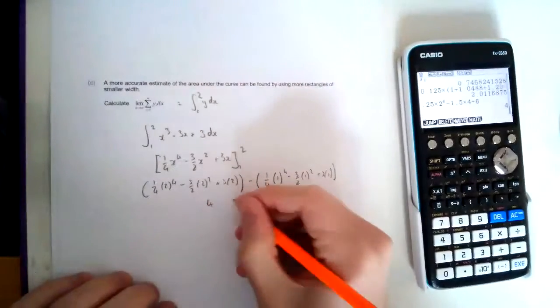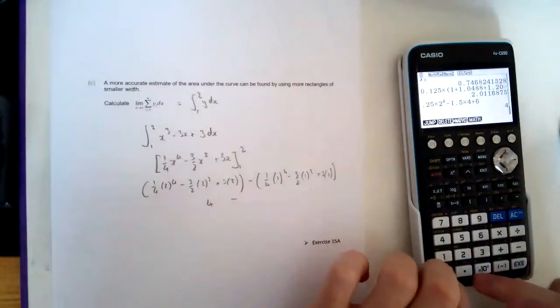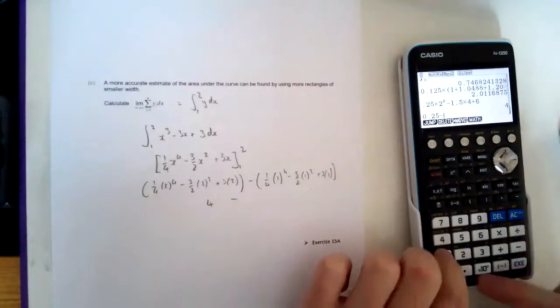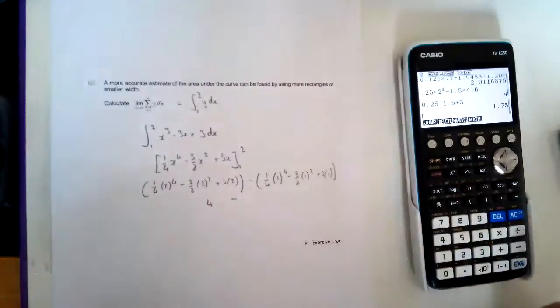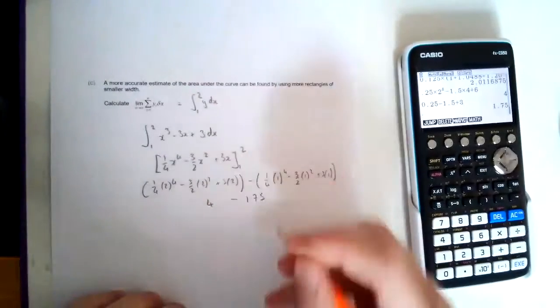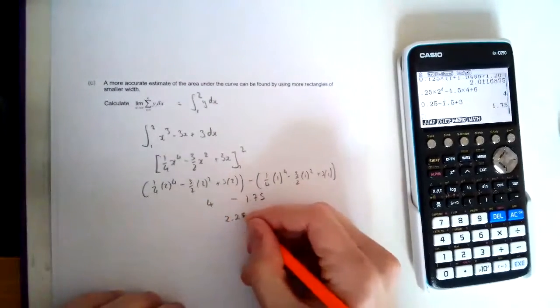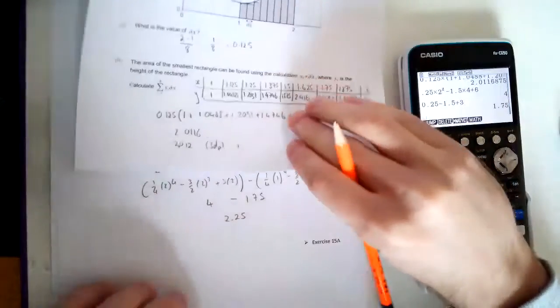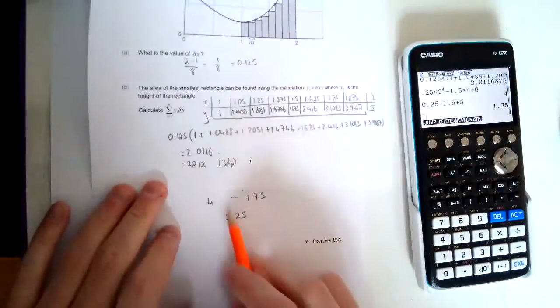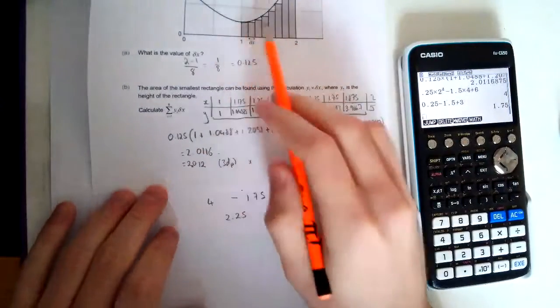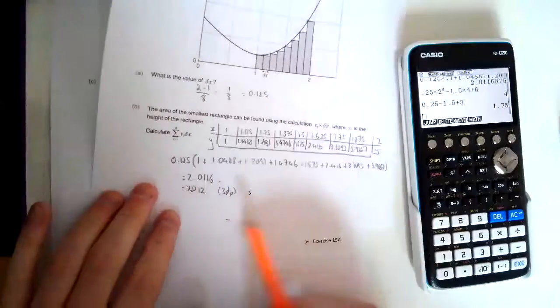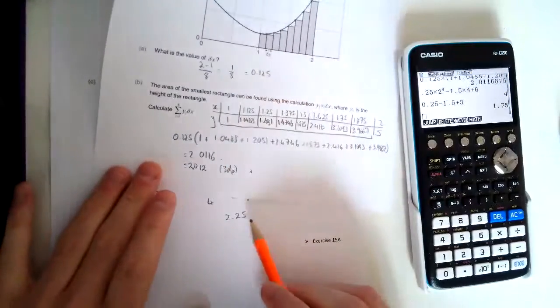That gives me 4, and this one gives me 1.75. So take it away gives me 2.25, which if you look at the estimate, it was close. This one would have been the lower bound because all the rectangles were underneath. So this number should have been lower than that, and it was.